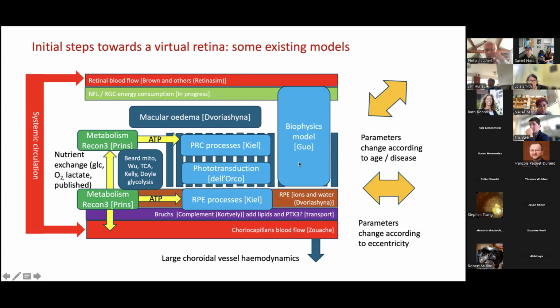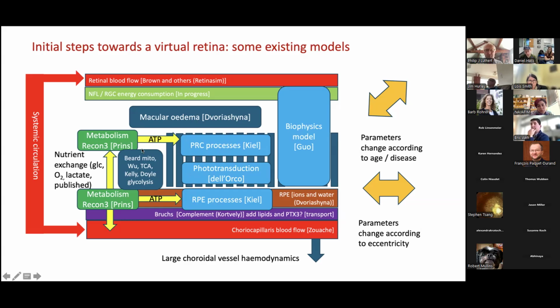Very nice work from Tianru Guo at the University of New South Wales, modeling the biophysics of the whole human retina. More detailed models, for instance, from Invergo on phototransduction. And Christina Keeler has been trying to catalogue some of the processes that go on in photoreceptors and RPE, which is important for reasons that I'll come to.